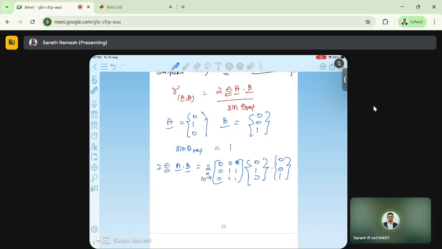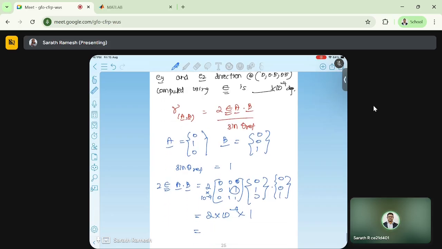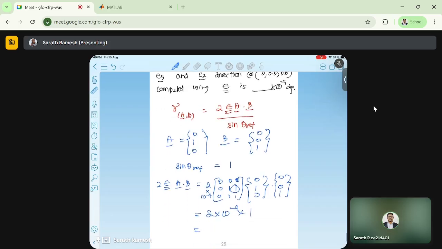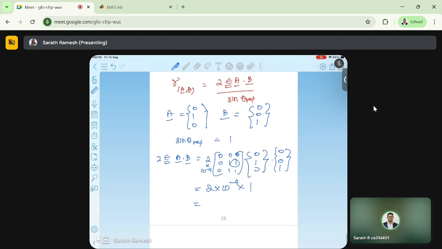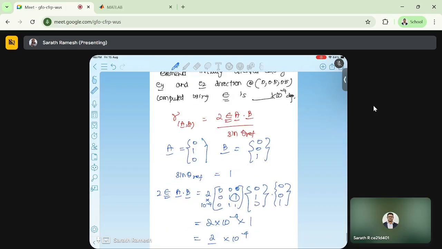Where is the YZ component? Here. So that is 1. So 2 into 10 per minus 4 into 1. Again we want it in terms of 10 per minus 4 degrees. So this will be 2 into 10 per minus 4. That's it.